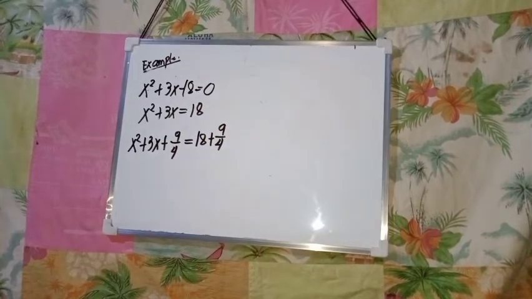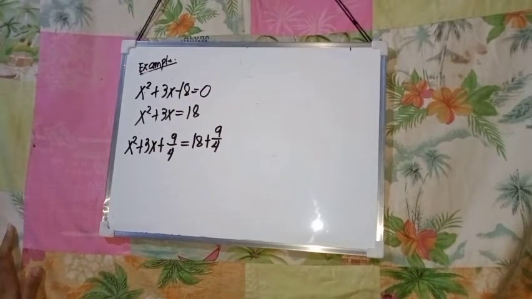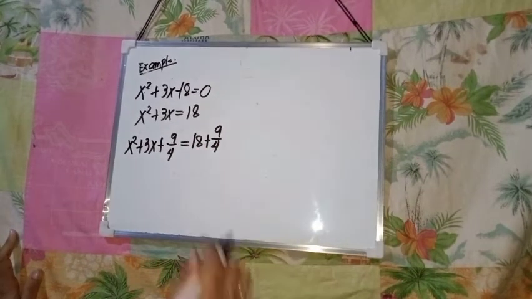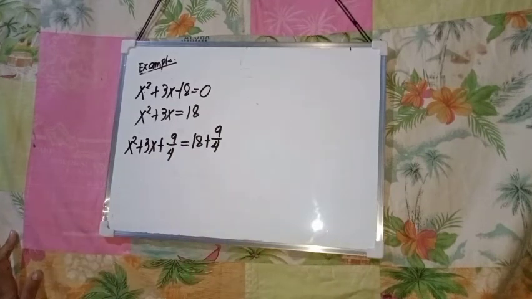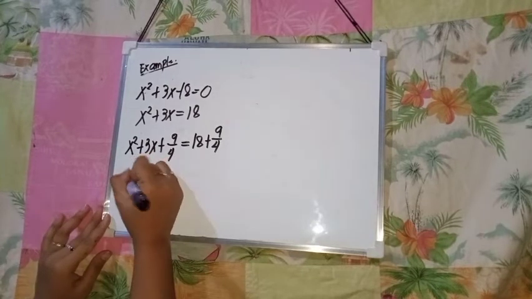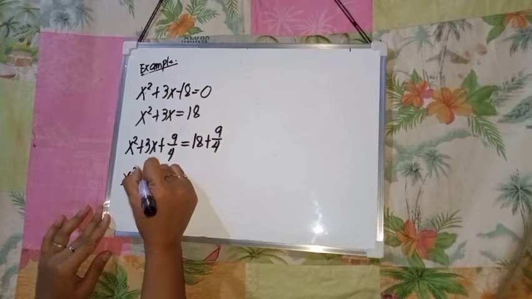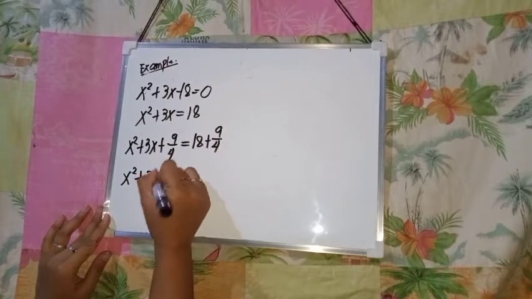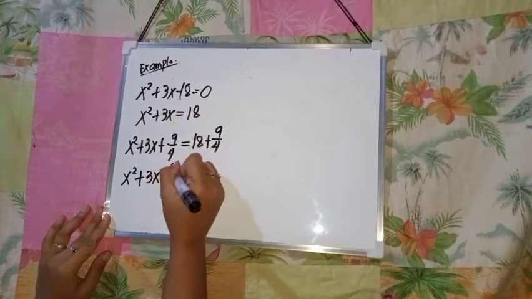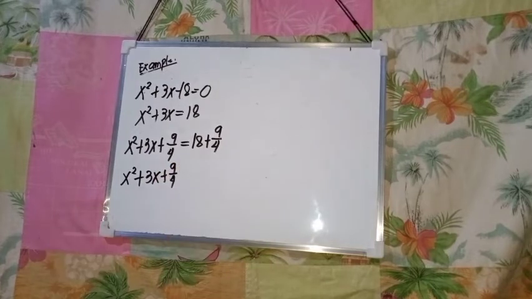Since our constant here is 18 plus 9 over 4, as you can see, 18 is a whole number, while 9 over 4 is a fraction. So, are we able to add them both? We have to do something for them to be able to be combined.